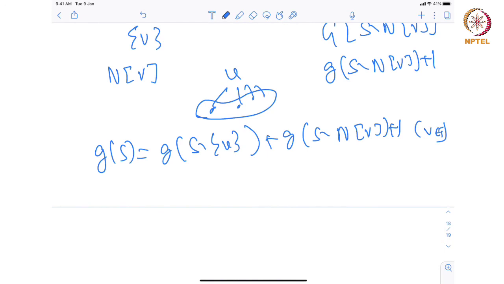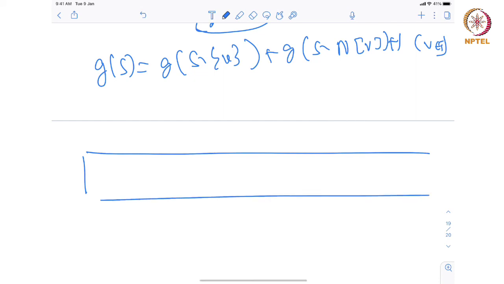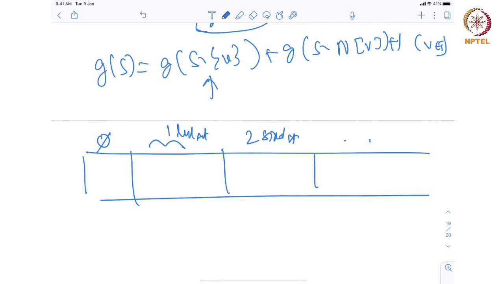So once I have this recurrence, I can fill this table in increasing order: first the empty set, then all sets of size 1, then sets of size 2, and at any point of time you just need 2 entries from your array which you have already pre-computed.